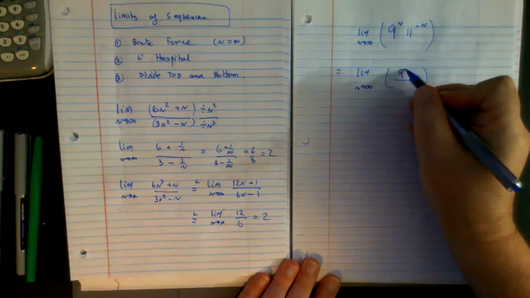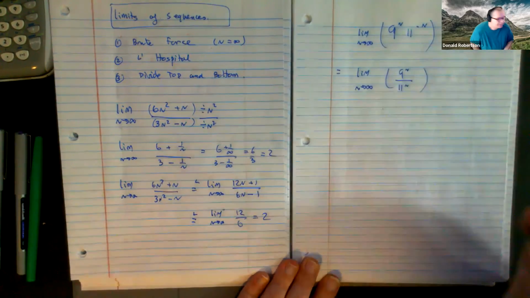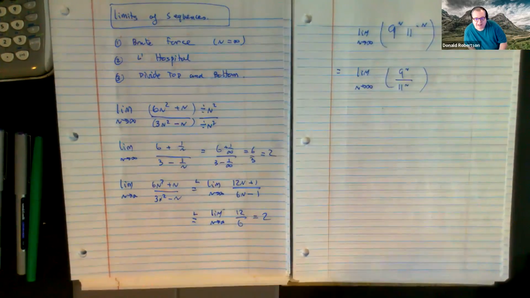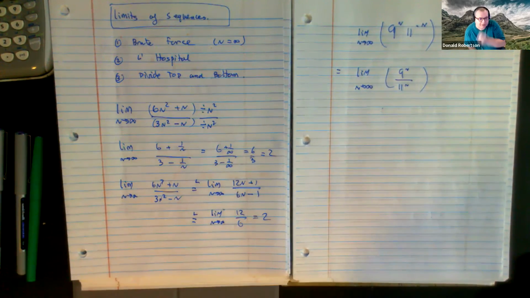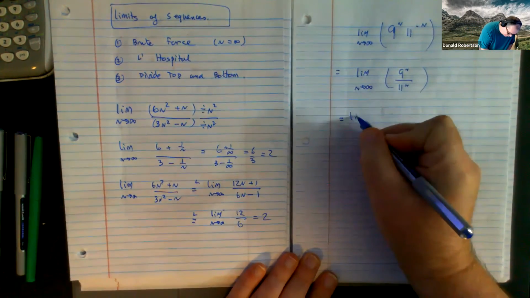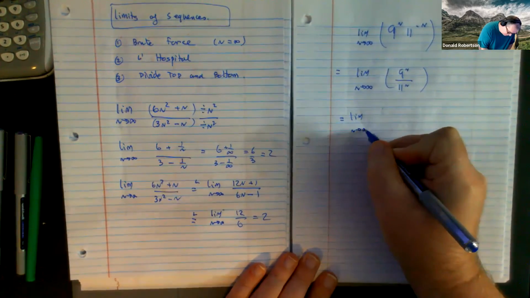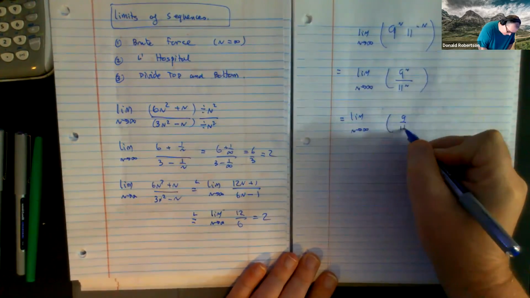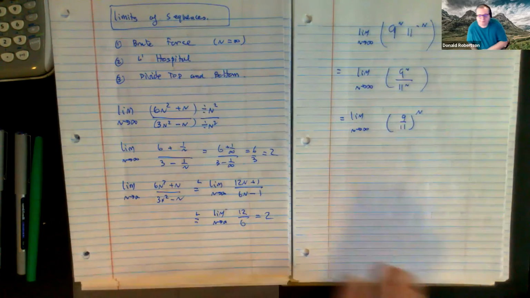Yeah. Would you agree? Now, in this format, if you try to do L'Hopital, you can trust me you really don't go anywhere. It just keeps getting worse. You certainly can't divide the top and bottom by n squared or n cubed because there isn't any. But what I could do is call it that.